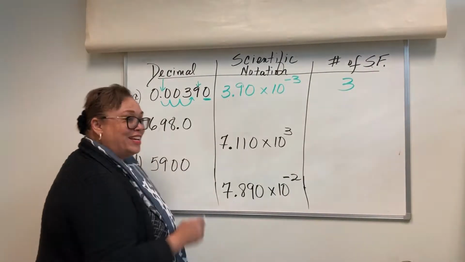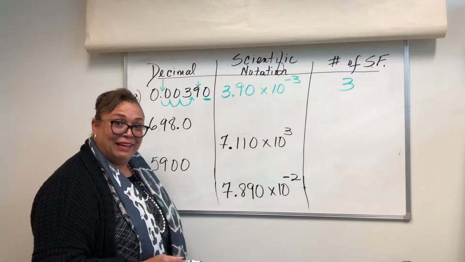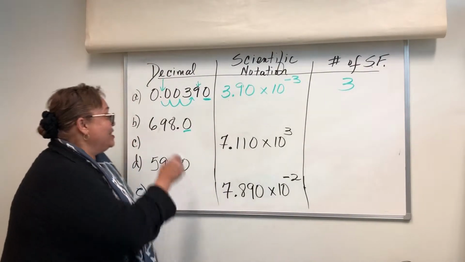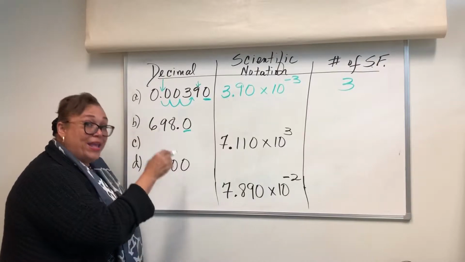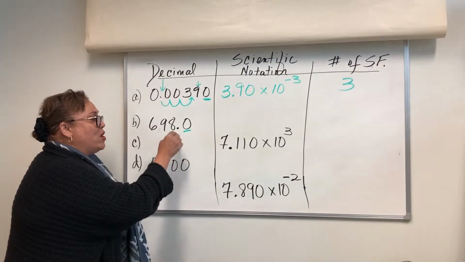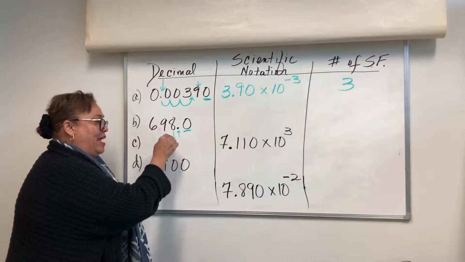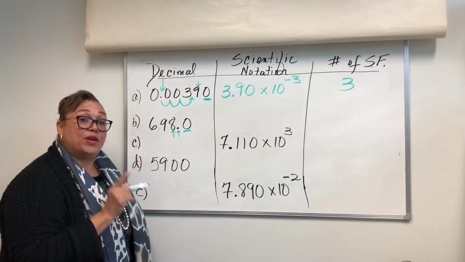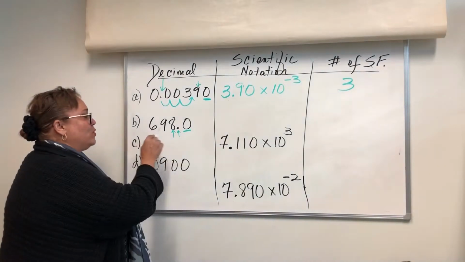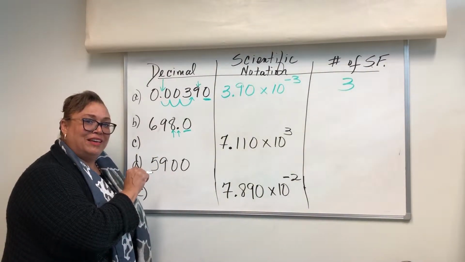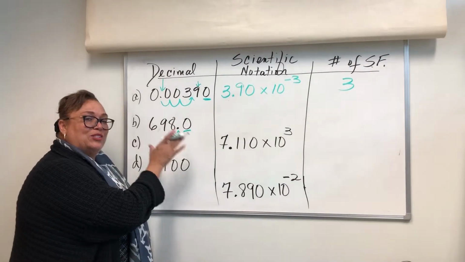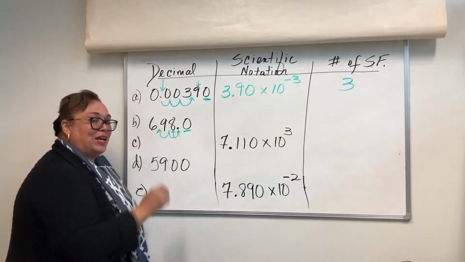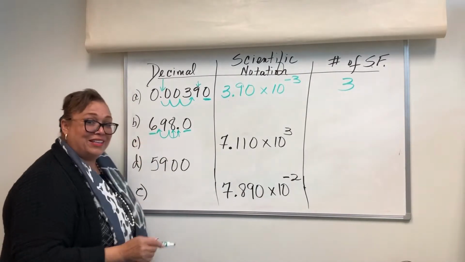All right, now let's look at the next one. Here we go again. This 0 is significant. Why? In 698.0, this 0 is after the decimal point, after a sig fig, so it is also significant. You are not allowed to drop it. So let's put this in scientific notation, and we look at the original number. It's larger than 1, so we're going to bounce that ball back 2 times after the 6.